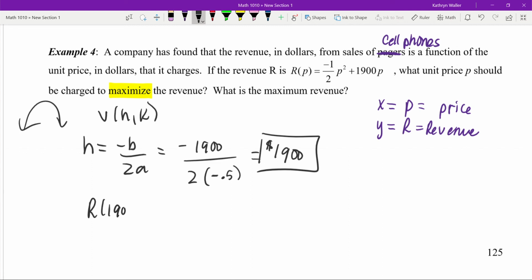Everybody go R of 1900 is equal to negative 0.5 times 1900 squared plus 1900 times 1900. Grab your calculator. Negative 0.5, parenthesis, 1900, close it, x squared, plus 1900, parenthesis, 1900, close it, enter.